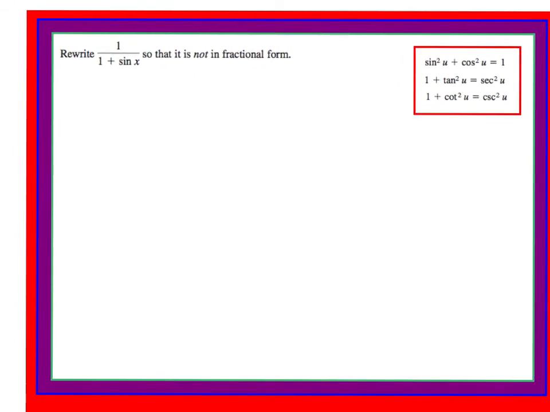We multiply by its conjugate, just like we did with those a plus bi things. If I multiply by its conjugate, I can get something squared. So my conjugate is 1 minus sine x over 1 minus sine x.